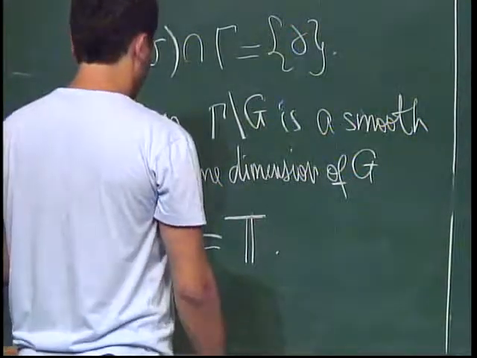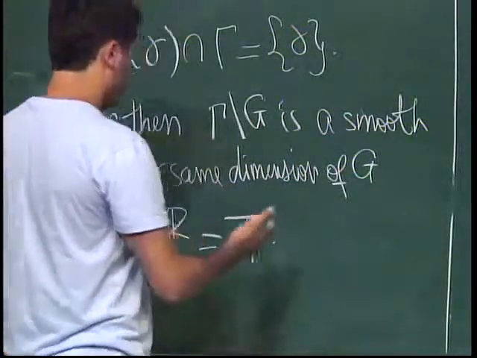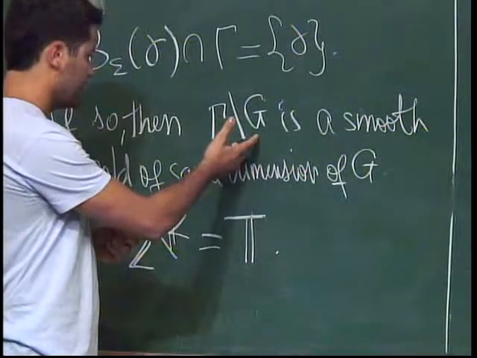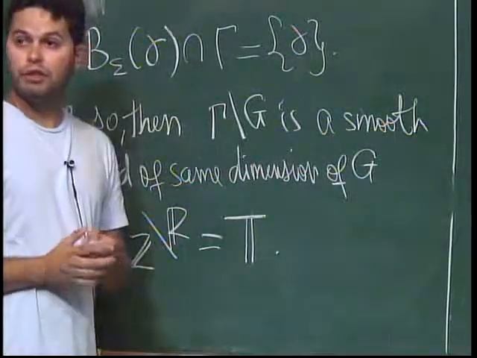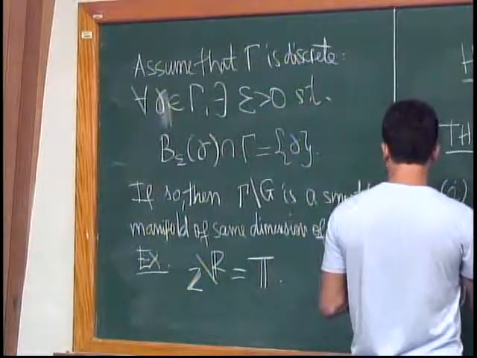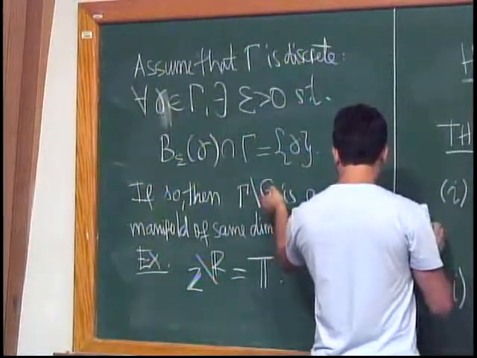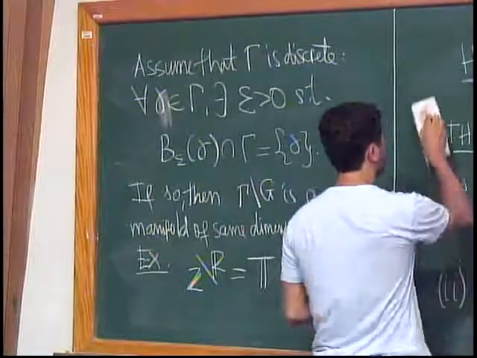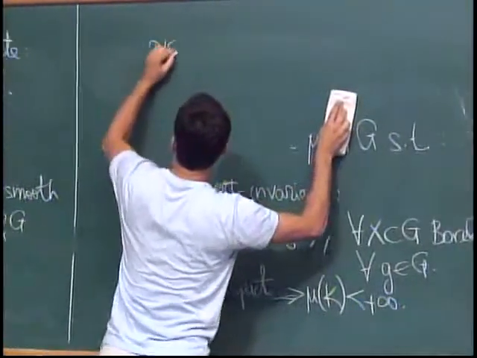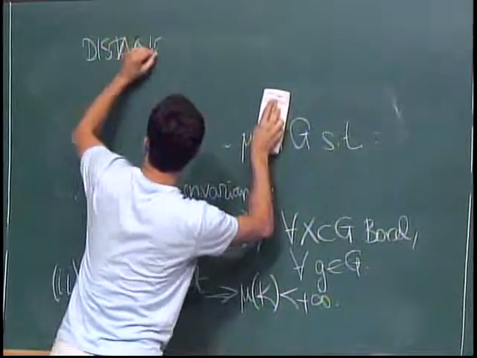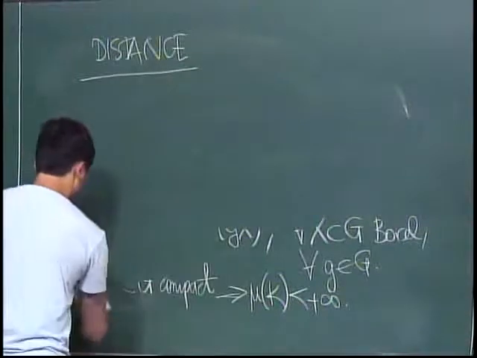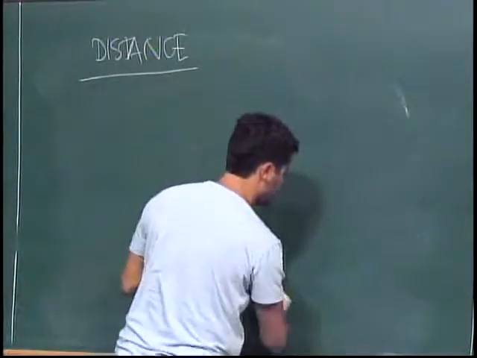So we are in the direction of getting something that has finite measure, but we don't even know if it has a distance on it. So let's show that the left invariant distance of G can be induced to this quotient. The definition of the distance is very simple.